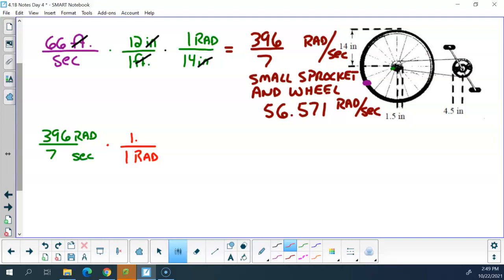It's 1.5, because I'm on the small sprocket. So that is my linear speed of the chain. So I'm on the chain right now.